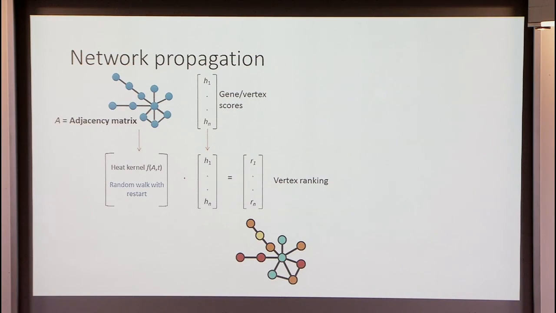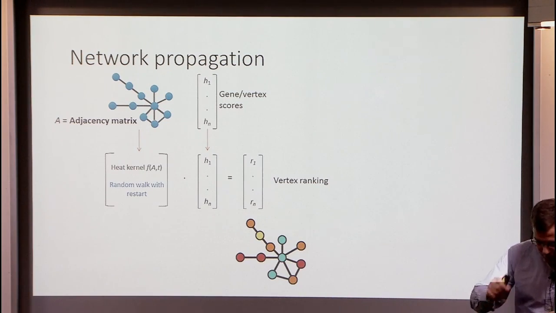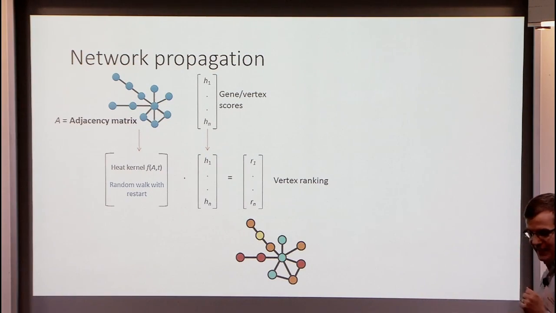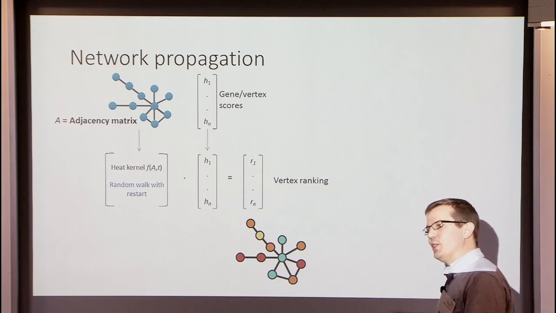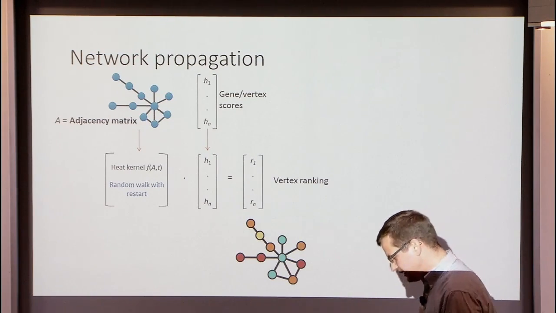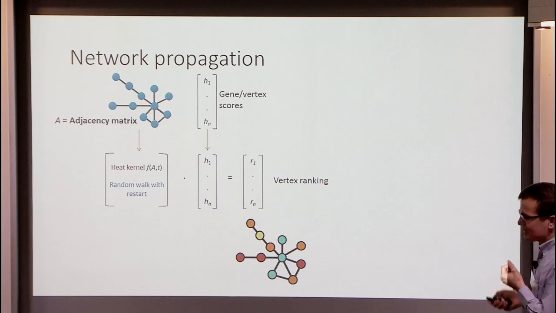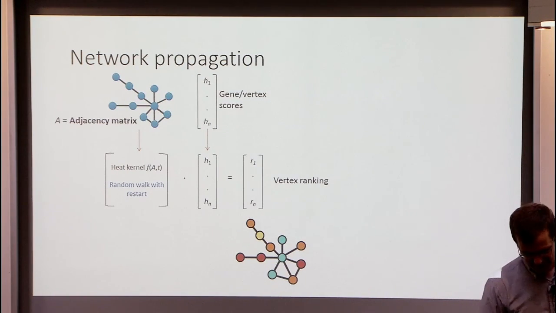In essence, a lot of these methods just reduce to linear algebra, really. If you take these network propagation approaches, if you take a random walk on a graph, or do a diffusion of fluid on the graph, and I want to know the equilibrium distribution of that random walk, or the probability distribution of that random walk at a particular time, or the same thing for diffusion, then essentially the way I get that is by taking a matrix which encodes the transition function, so the heat kernel, the transition condition of the random walk with restart, multiplying it by the initial distribution, and that gives me the equilibrium distribution or the distribution at time t.